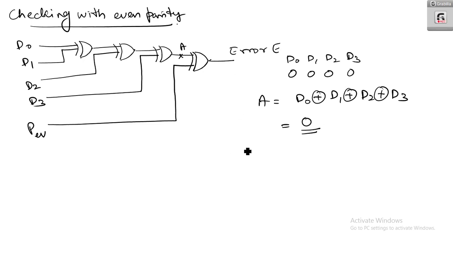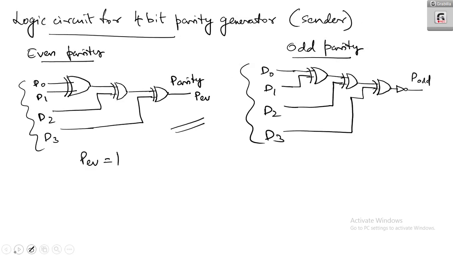Then what is the error? Error is A XOR P even. The parity is 0, so 0 XOR 0 is 0.